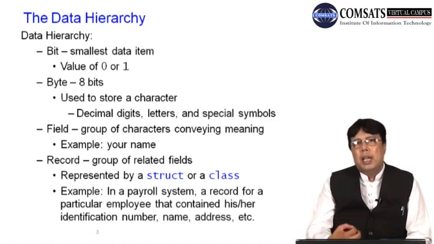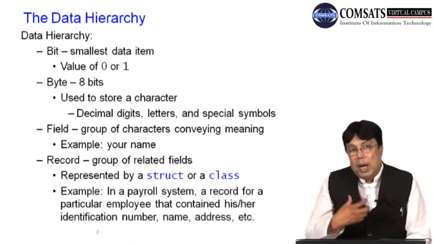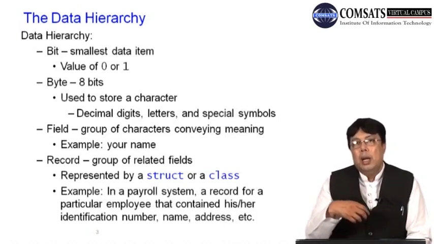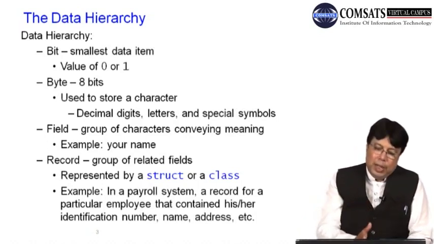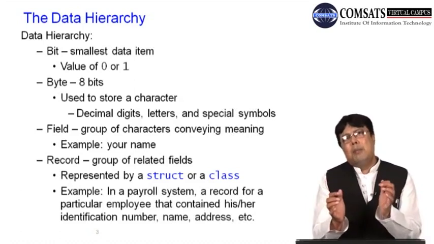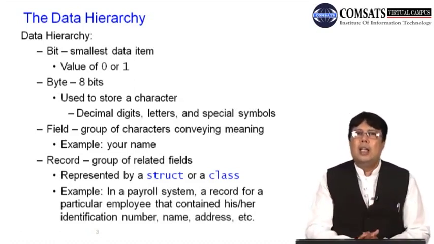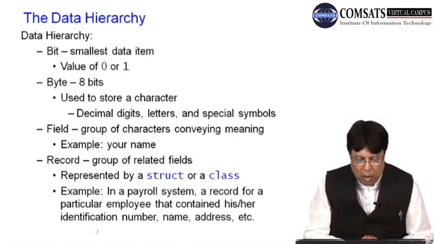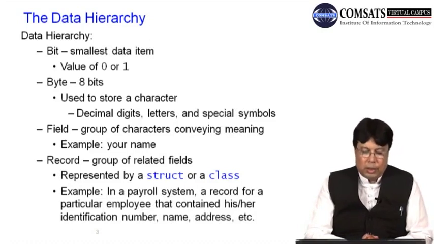For example, if there is my name, then there should be my ID card number, then my account number. So the fields which are logically combined together to represent one entity, that entity is called a record. So a record is basically a combination of fields.